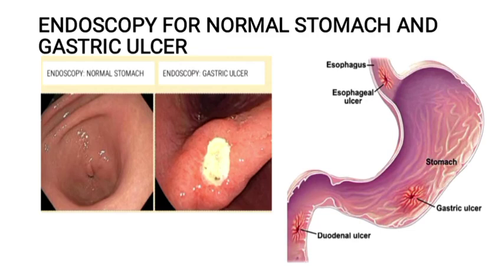It is seen here by utilizing an endoscopy. This is the stomach, and this is an ulceration here. These are ulcerations we can see, and this is an ulceration in the endoscope.